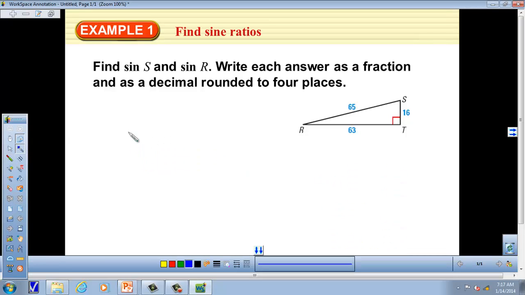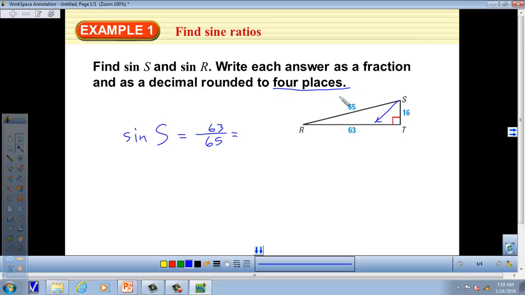And if I'm doing sine of S, that's going to be equal to, again, opposite over hypotenuse. Opposite angle S is this side right here, so that's 63. And then the hypotenuse is 65. Since this can't be reduced, we would just keep it as is, and then we want to do a decimal rounded to 4 decimal places.